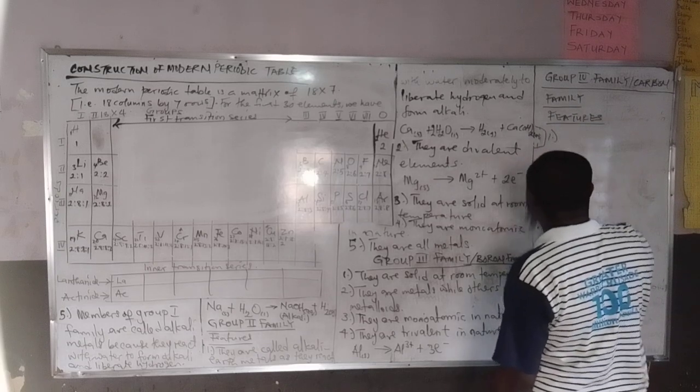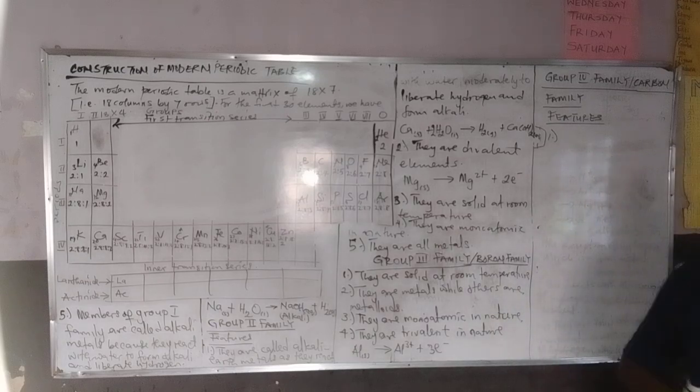Number 1, carbon. How many of you have seen charcoal before? When wood burns, that black solid you see is carbon. That is charcoal. Or when you kill a goat and you burn it, the air turns black. That black is carbon.